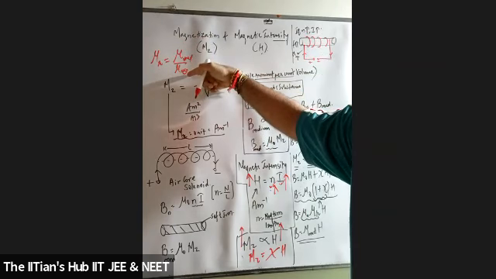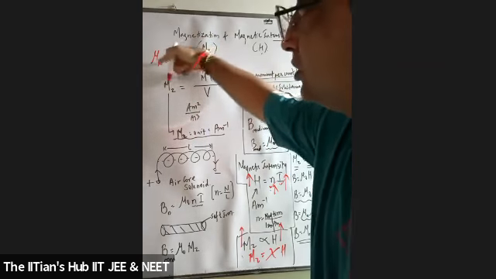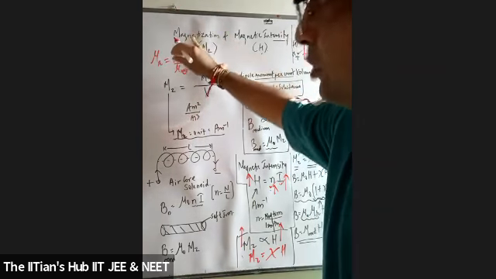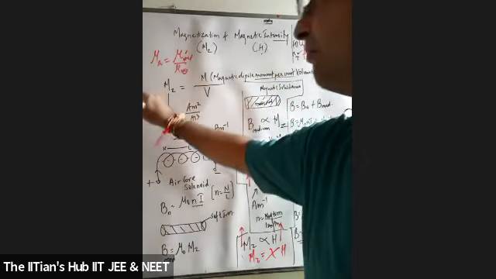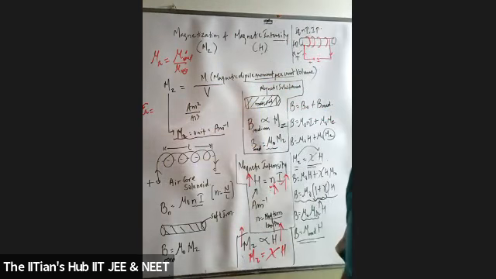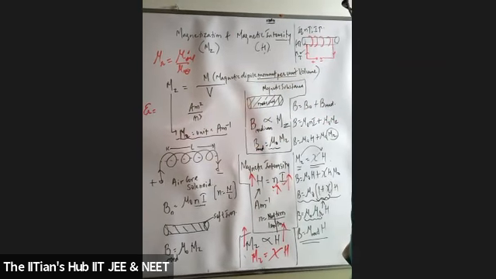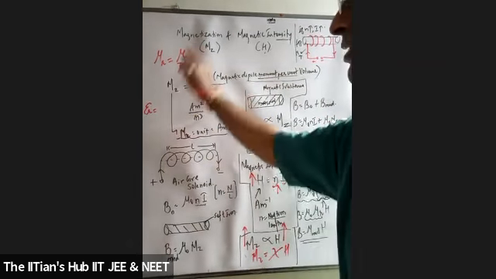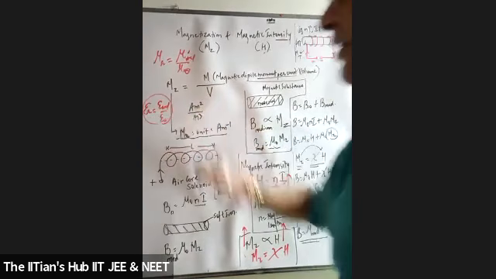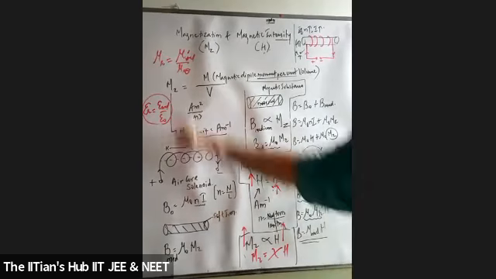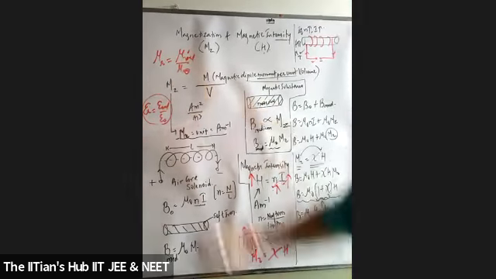The product of these two will be mu. You must have learned it in electrostatics as relative permittivity: the relative permittivity of a medium is equal to permittivity of the medium upon permittivity of free space. This is how mu for a medium upon mu zero will be.